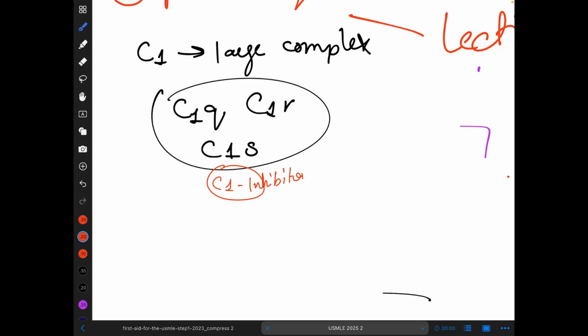For example, IgM has 5 sites for binding with the antibodies, structured like that.